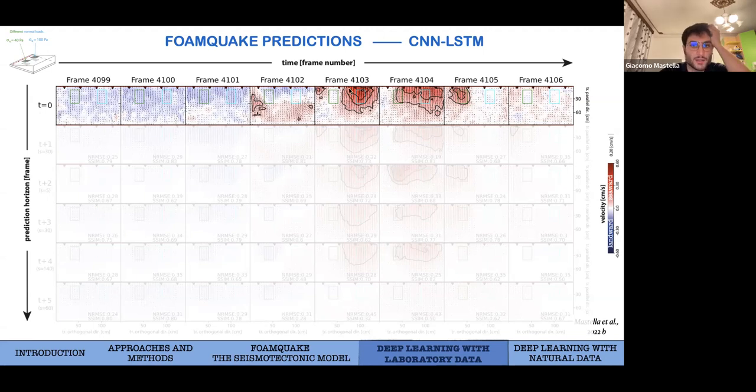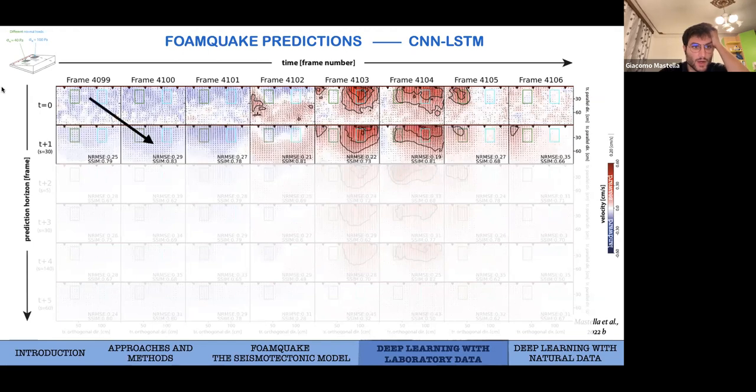Here one analog rupture is represented. You can see, for example, that the rupture starts in the deeper portion of the analog megathrust, then it triggers one asperity to fail, and then at a later moment, the other asperity is triggered to fail as well.